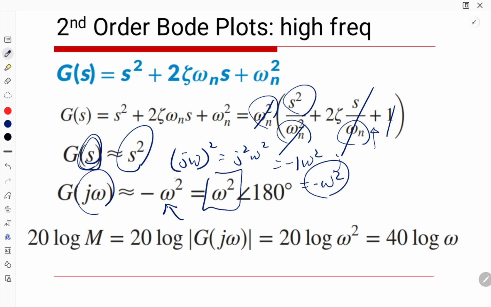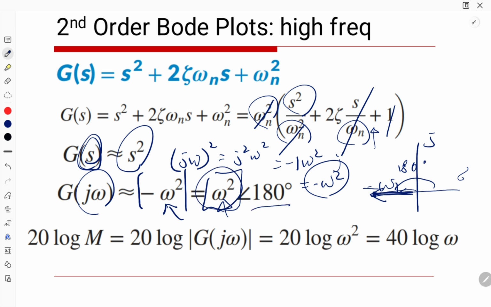The absolute value of it is omega squared, and you have the minus sign, and that is 180 degrees. So the phase is 180, and you have omega n squared. Now you can express it as 20 log M, 20 log of G of j omega.